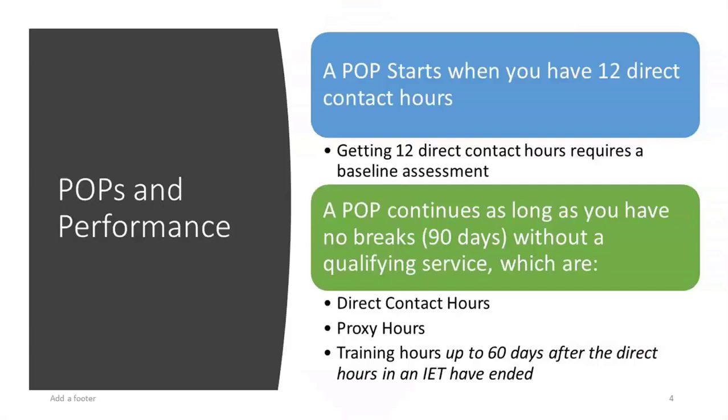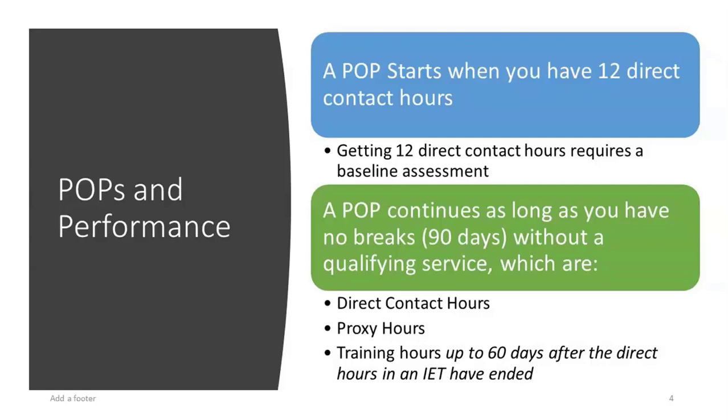A period of participation starts when they have 12 direct contact hours. To get those 12 direct contact hours, of course, you have to have a baseline to determine eligibility. Once you have that baseline and they get 12 direct contact hours sitting in a class, coming to class, then they're considered a real participant at that point.